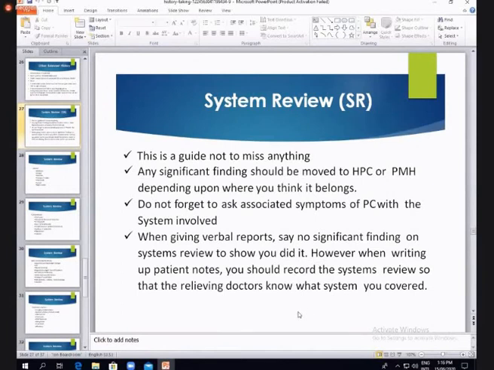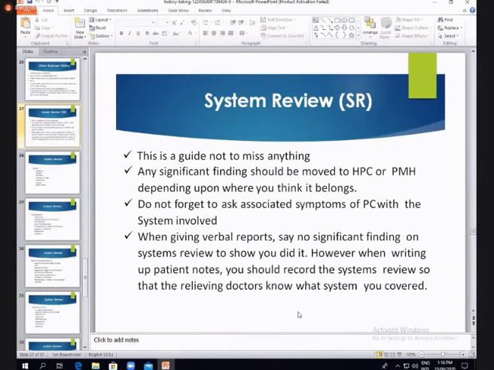So now comes the most difficult part, which is the systemic review. This is the part which is going to cover every organ system of the body and its relevant complaints. Whatever you have missed in your history is going to get caught in this part of the history. Some people emphasize the systemic review so much that they prefer to take it immediately after the history of presenting complaints, because they consider that it contributes significantly to the diagnosis.